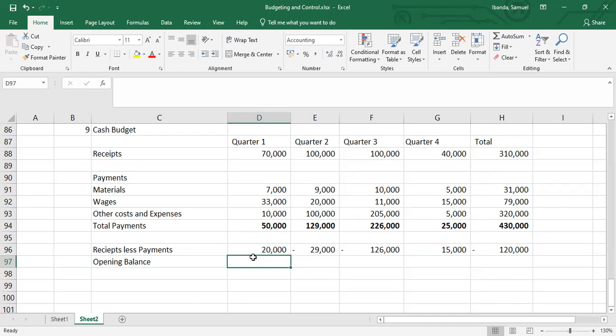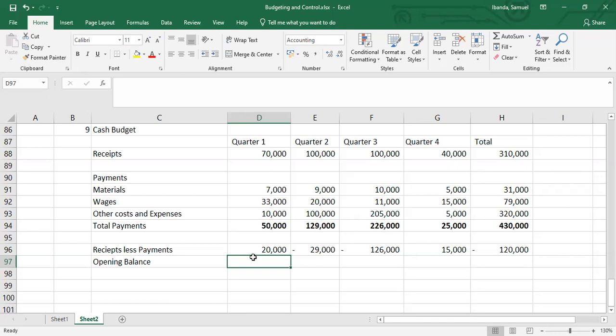So from the balance sheet, current assets, we have raw materials, then finished goods, then debtors, and then we have our cash. Now, when you look at it, our cash shows 4,100.